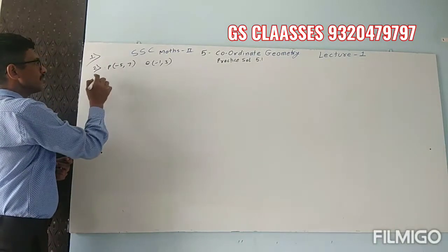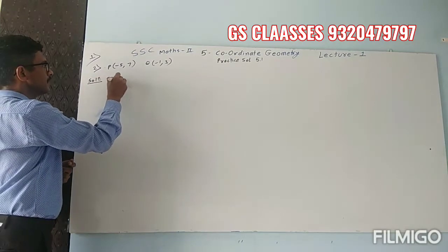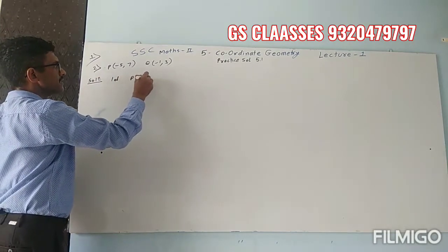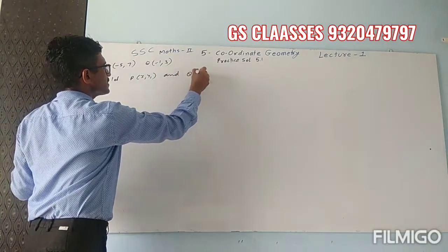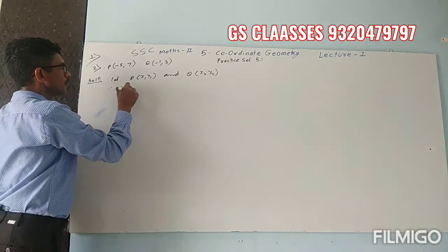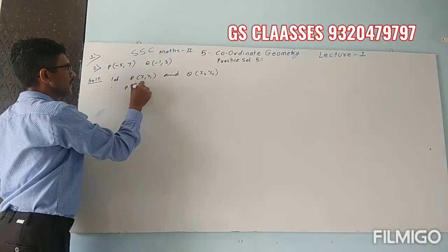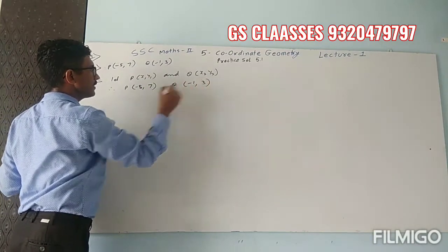So, while solving the question, we will write, let point P be (x1, y1) and point Q be (x2, y2). So P is (-5, 7), Q is (-1, 3).